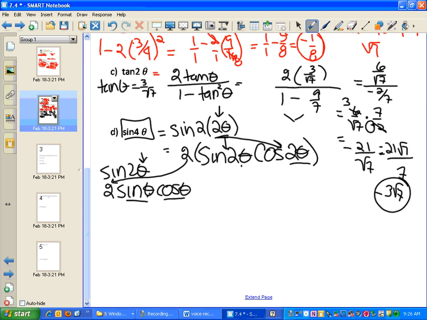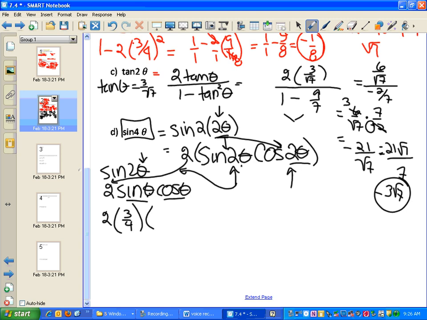Okay? All right. So now we need to figure this out because we really need to know what the sine of 2 theta is and the cosine of 2 theta is, don't we? So this is like a problem inside a problem. So let's figure out the sine of 2 theta. So this part is going to be this, correct? And what values are we using? Sine of theta is what?